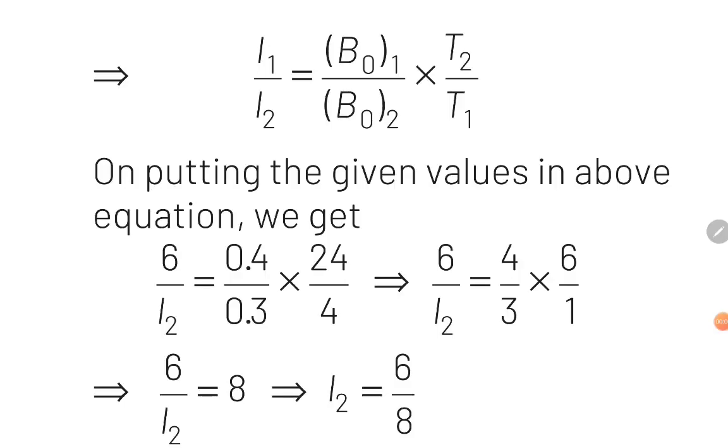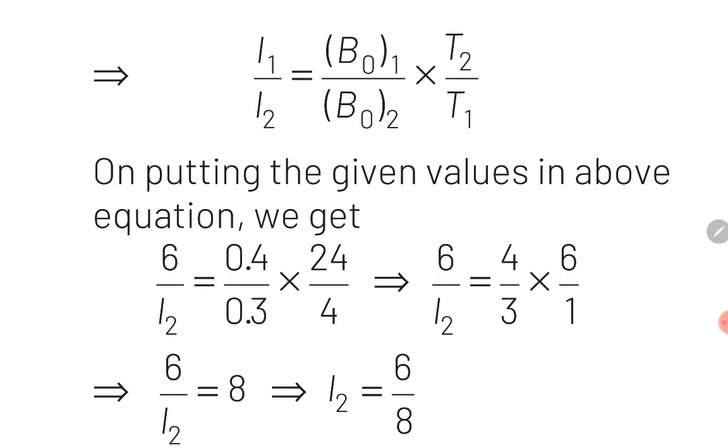ये स्टूडेंट्स, आप यहाँ ऑब्जर्व कर सकते हो दैट मैग्नेटाइजेशन इज प्रोपोर्शनल टू B अपॉन T. Here in the solution, magnetization is given by alphabet I. Therefore, guys, I1 upon I2 will become equal to B1 upon B2 into T2 upon T1.